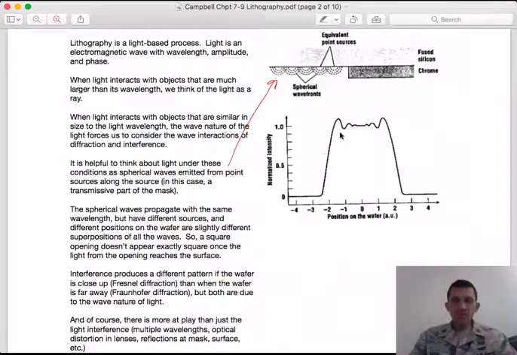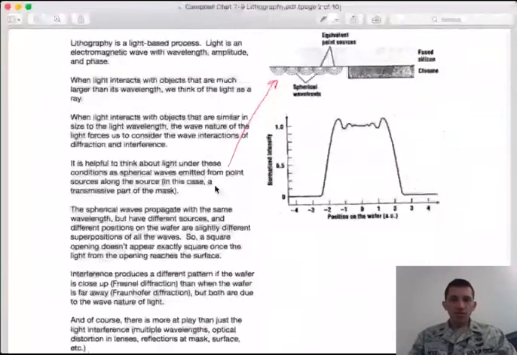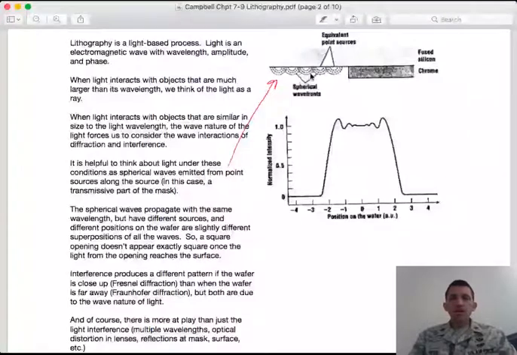I get the same effect also with a constant size opening by decreasing the wavelength. So that's one of the reasons why the lithography business is always pushing to smaller and smaller wavelengths, because it shifts this pattern to be more representative of the opening in the mask.